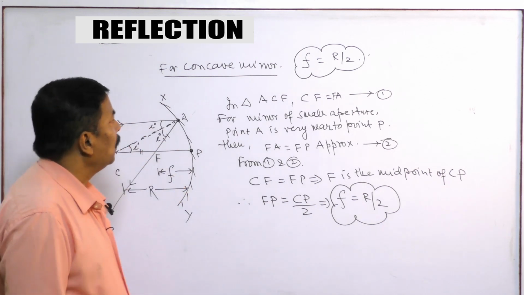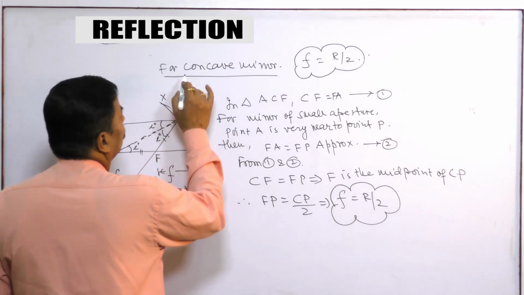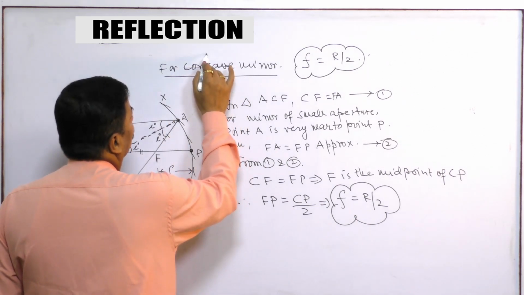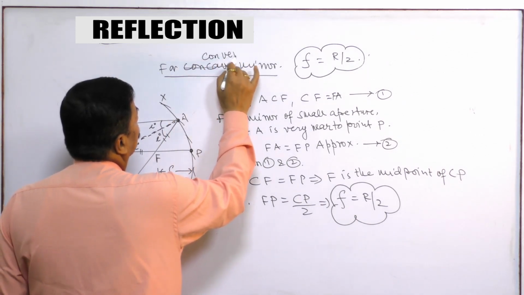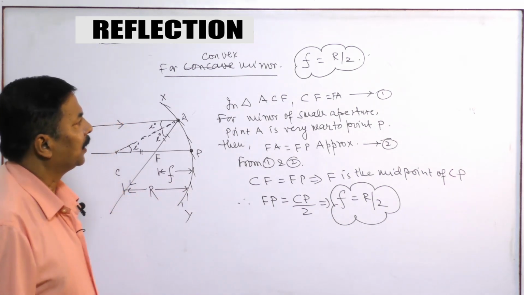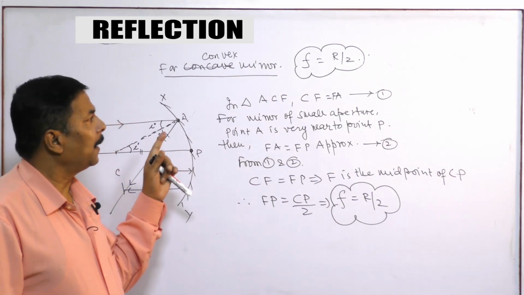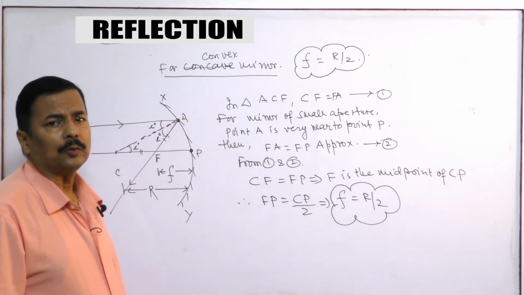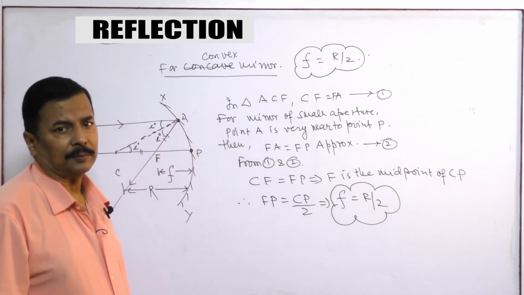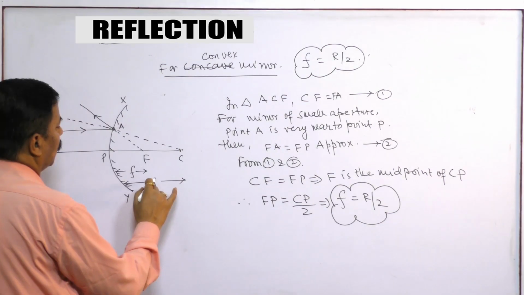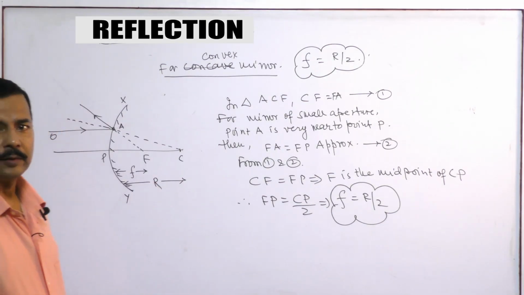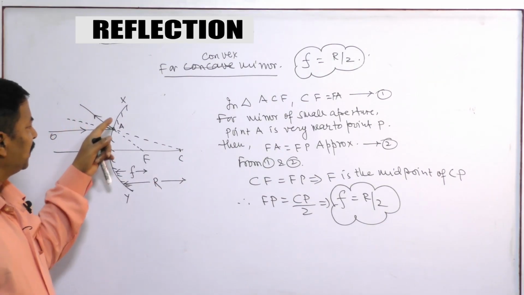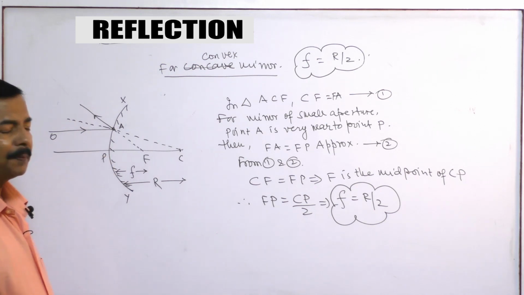Now the same thing we will be discussing for the convex mirror. Now we will prove the formula f is equal to R by 2 for the convex mirror. Here you see, the convex mirror is XPY of a small aperture.